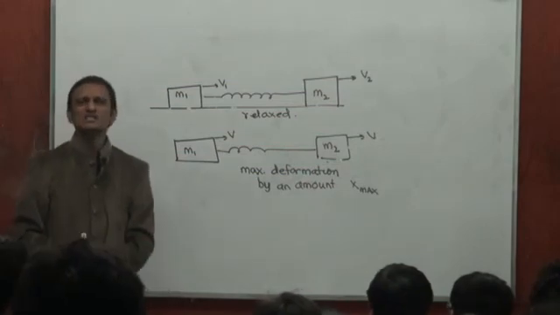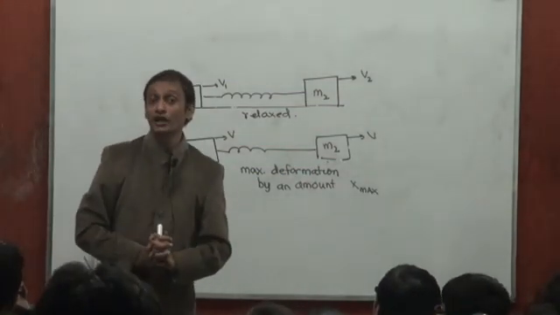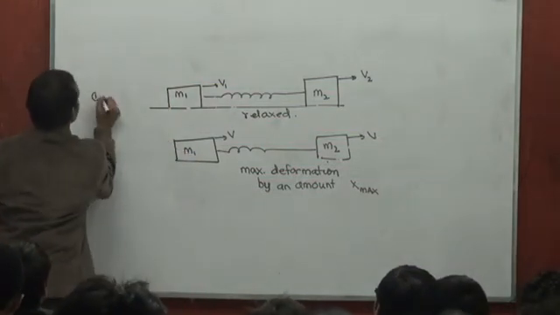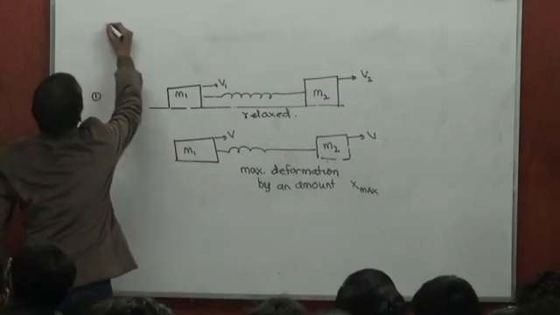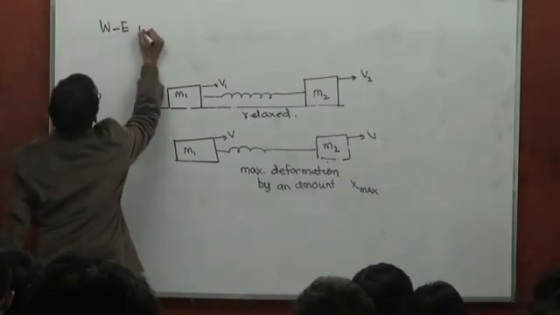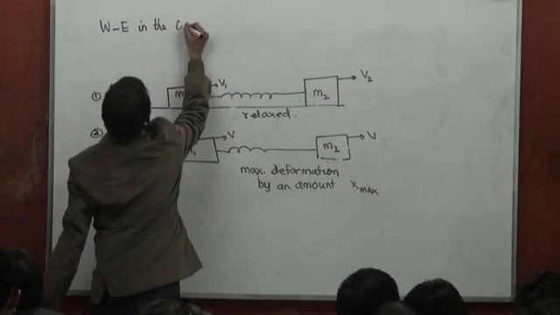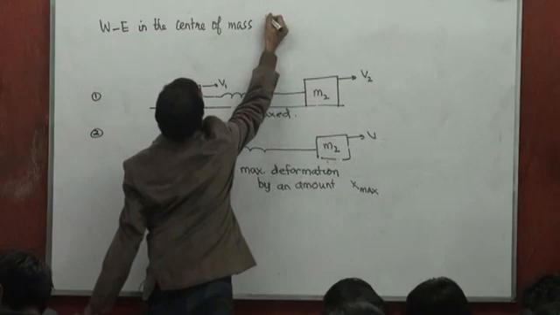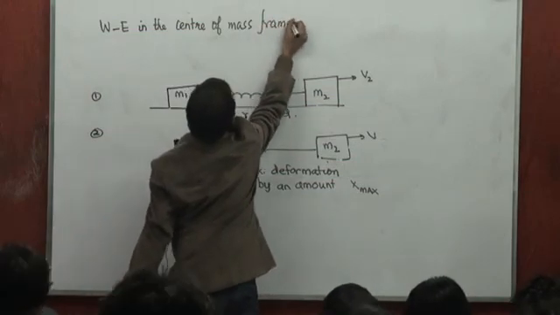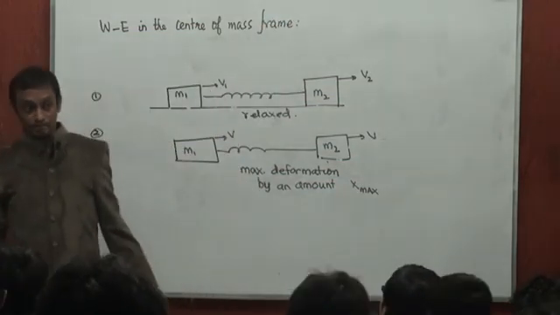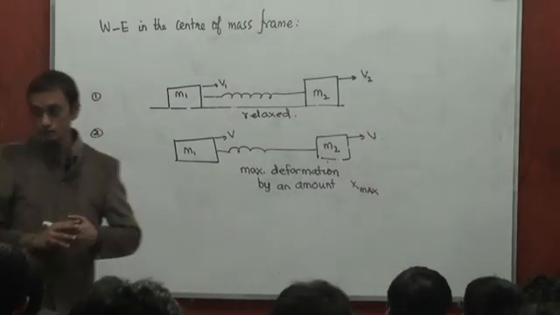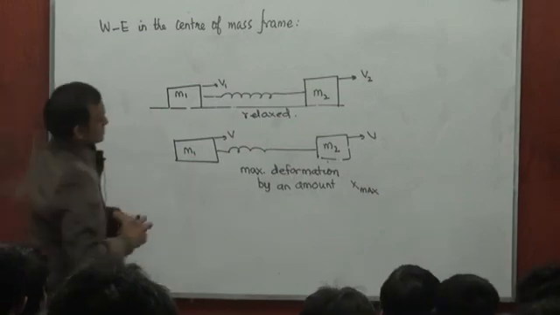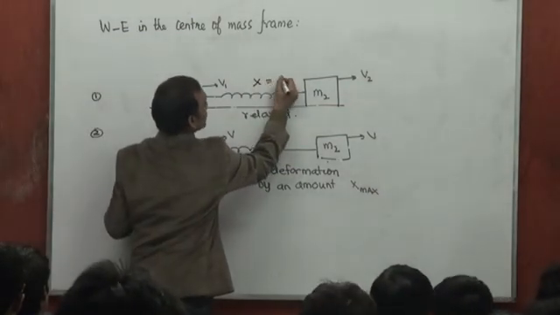Now, what I do is, I apply the work energy theorem in the center of mass frame, between these two states, state 1 and state 2. This was deformation 0.